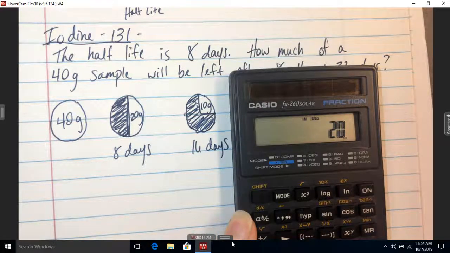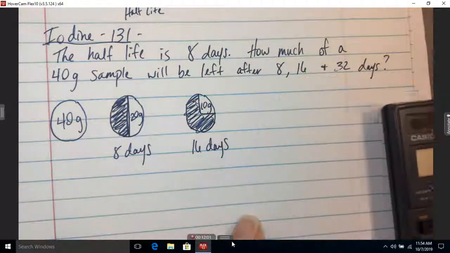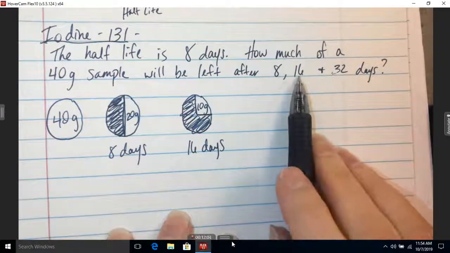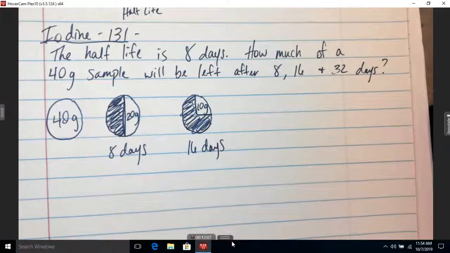Divide by 2. Divide by 2. Divide by 2. Like it just keeps decaying. It just keeps going and going and going. Okay? So at 16 days, we would have 10 grams left. We need to know 32 days. What do I do? You want to divide this by 2?